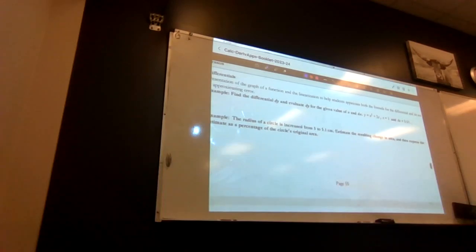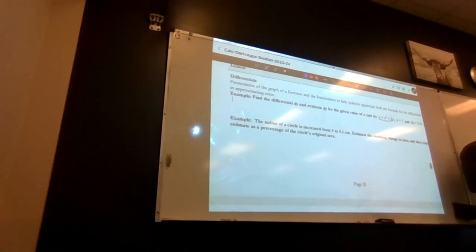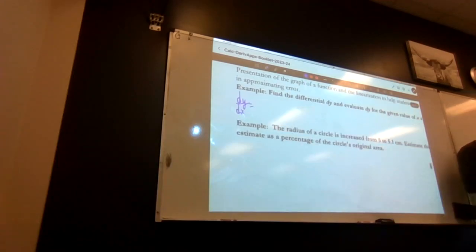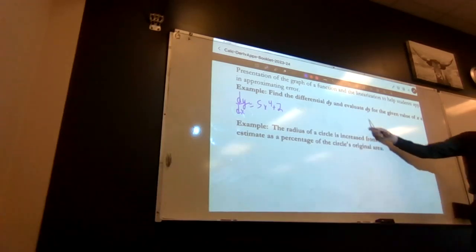So here, what is the derivative of x to the 5th plus 2x? 5x to the 4th. Very nice. So we should get dy over dx is equal to 5x to the 4th plus 2. Well, what we are trying to do is we're solving for dy.